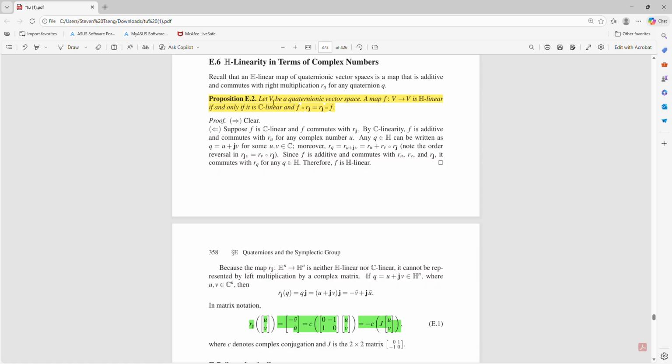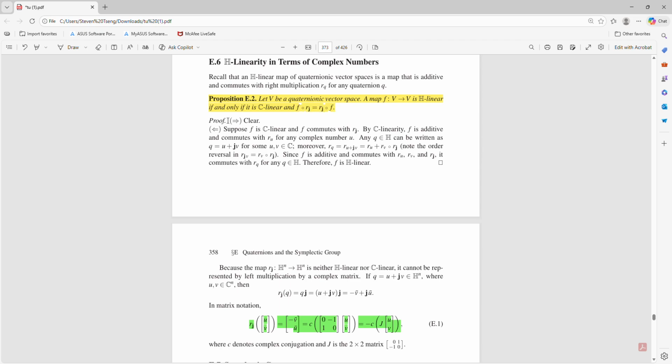Now V is a quaternion vector space, and F is an H linear map from V to V. It is equivalent to the condition that this map is also C linear and satisfies this equation.